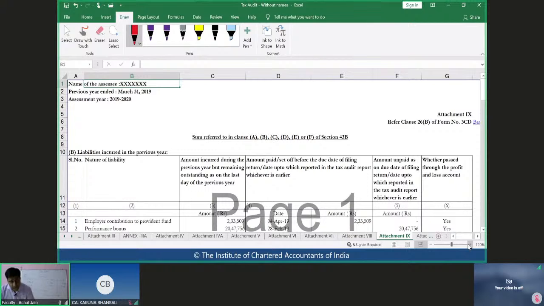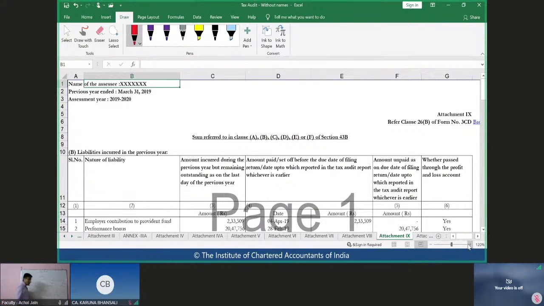Amount paid or set off before the due date of filing return or date up to which reported in tax audit report, whichever is earlier. So it says amount which is unpaid on the due date of the filing of return is computed after subtracting amount paid or set off before due date of filing return or the date upon which reported in the tax audit report, whichever is earlier.